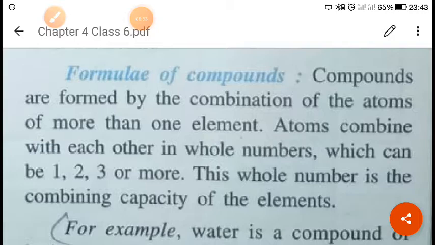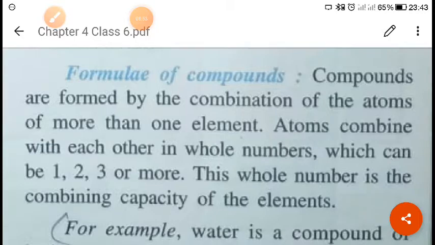One more thing we have seen: in a compound, the atoms are combined together in whole numbers.